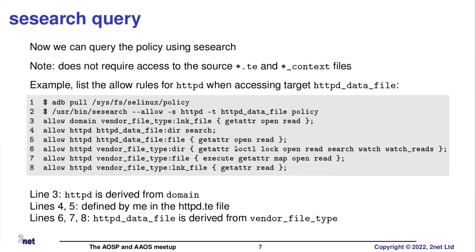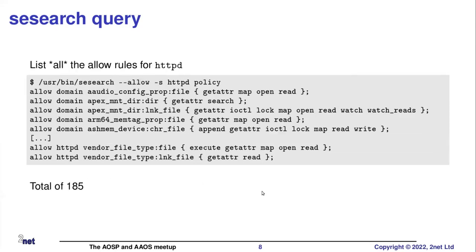Okay, so what are we doing here then? SESearch is giving us the complete list of allow rules which allow HTTPD to access a HTTPD data file. You may want to say, well, okay, what else can HTTPD do? We can do this. We just do essentially the same query as before, but we don't give a target type.